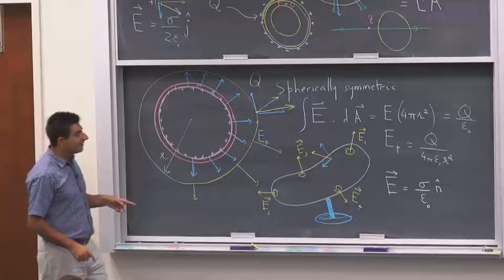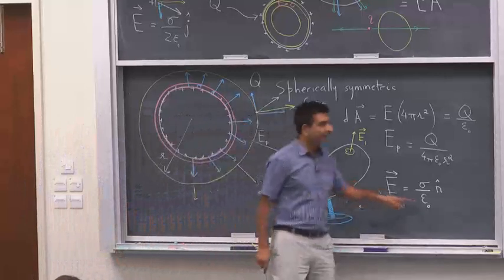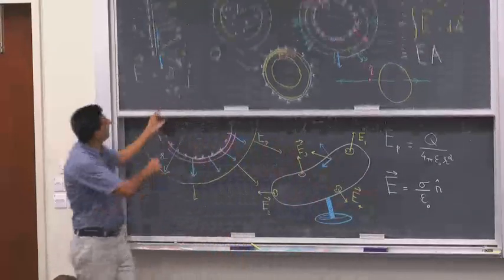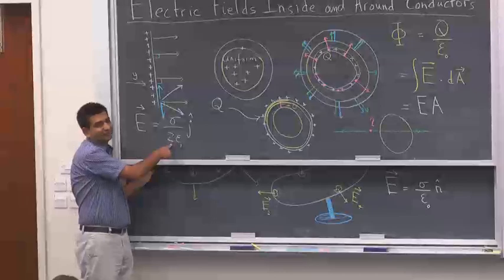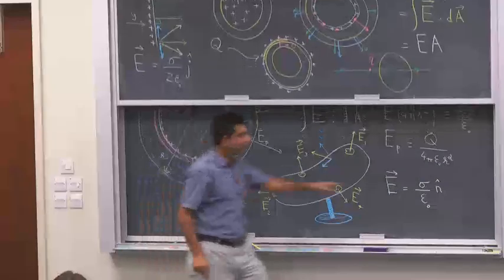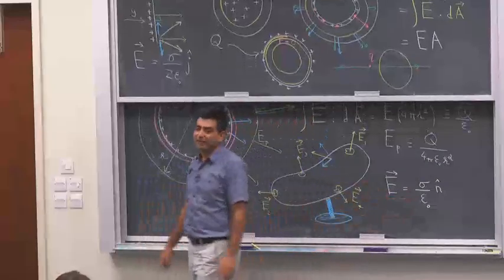And why don't we have a factor of 2 here? Here, if you observe, we have a factor of 2 over epsilon naught. But here, I have not put in this factor of 2 epsilon naught. Why is that?